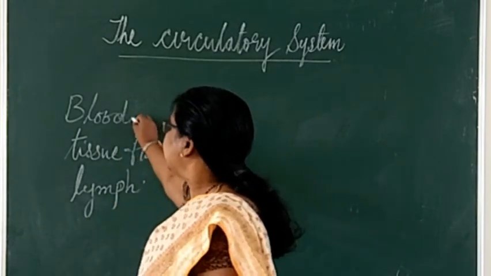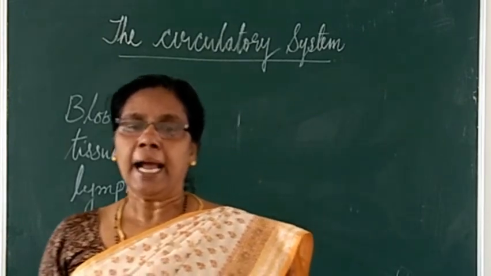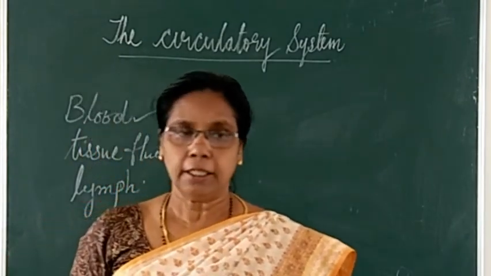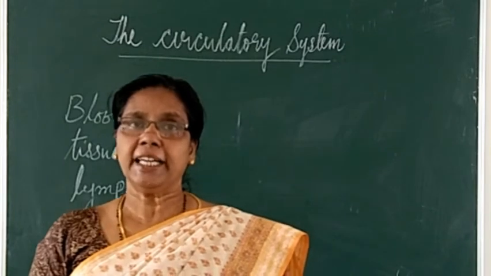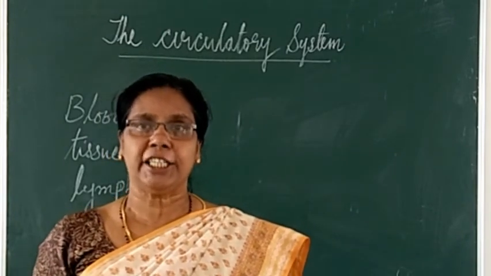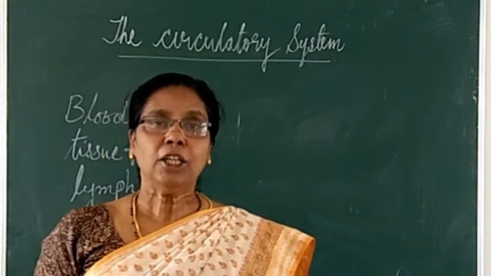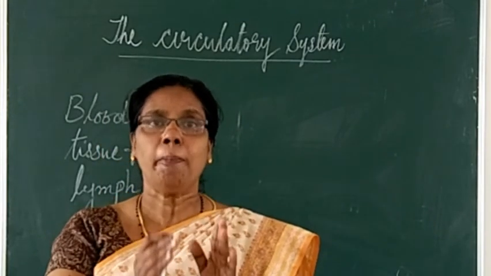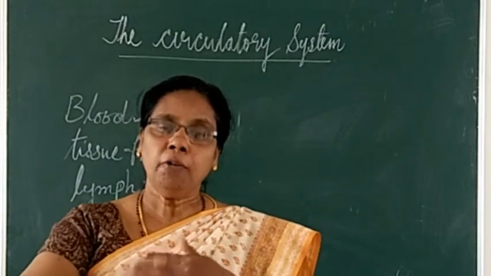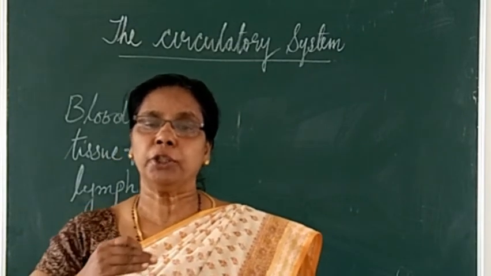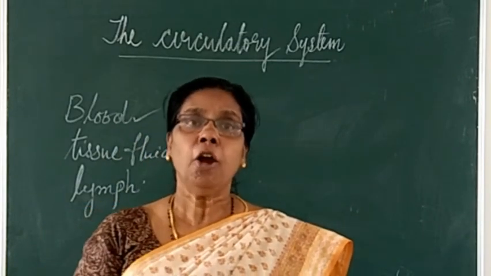Now, first we can study blood and the properties of blood. The first thing is that blood is never stationary. Stationary means stagnant. Does it stop anywhere? No. Even over 24 hours, blood is always in motion.